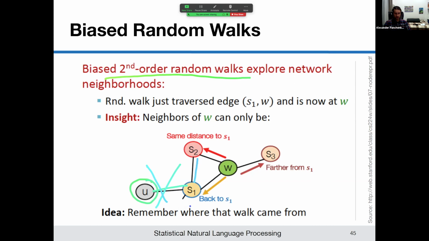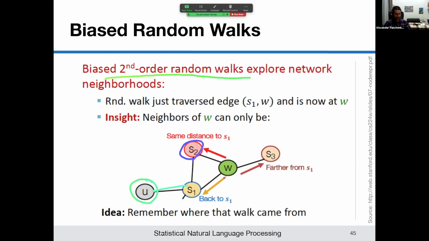It's not the case in this strategy. In this strategy, as you are in this node, you're going to remember that you came from this node, and you're going to remember that this node is adjacent to the node you're currently in.